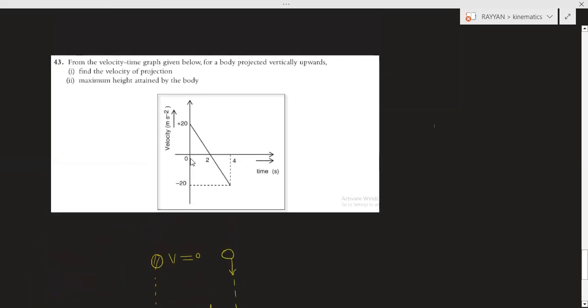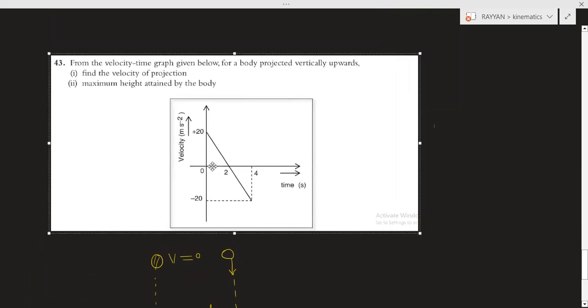Now you can see in this graph, at time t is equal to 0, what is the velocity? Plus 20. At time t is equal to 0, the velocity is 20. And there is one more value, that is minus 20. With respect to the graph, for time is equal to 0, the velocity is 20.